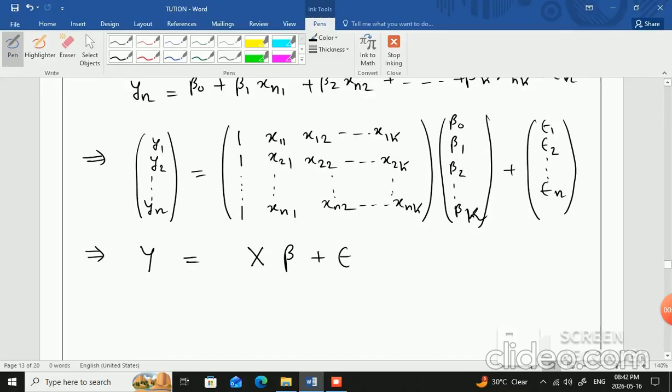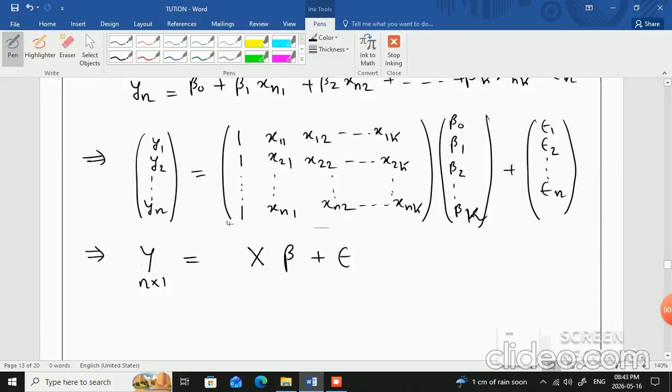Now we denote the matrix y1, y2, yn by capital Y, this known matrix by capital X, the parameter matrix by capital beta, and the error matrix epsilon 1, epsilon 2, epsilon n by epsilon. The order of the Y matrix is n cross 1, n rows and 1 column.